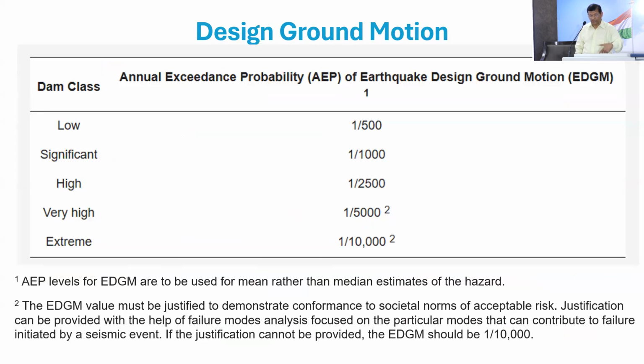In the modeling you will also see the annual exceedance probability, which we call the return period. This is a 500-year event in the case of low. For significant, we go to the 1000-year event. Next we go to a 2500-year event, next a 5000-year event, and the last one goes to 10,000.